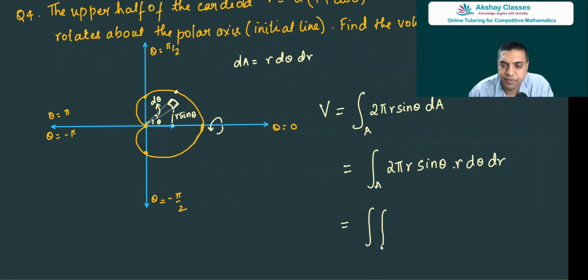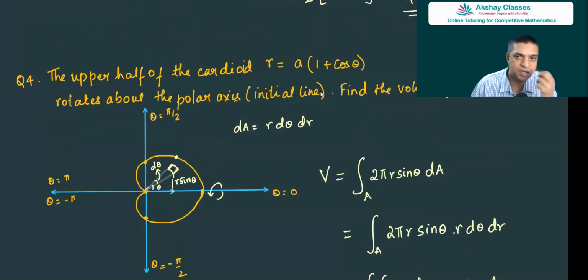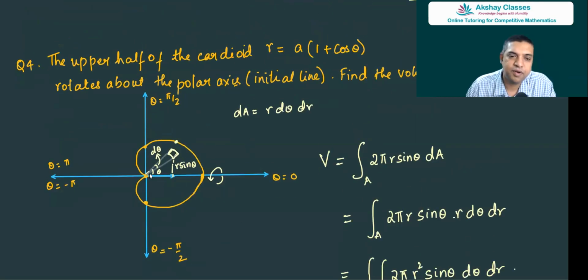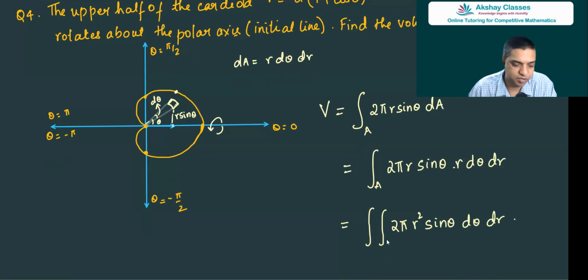So now 2 pi r square sine theta d theta dr. Now r is varying from 0 to, along any line, you see this area element has to vary along r. So r varies from 0 to a into 1 plus cos theta.